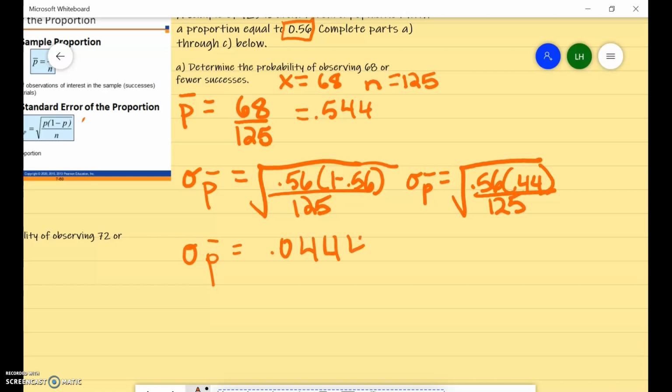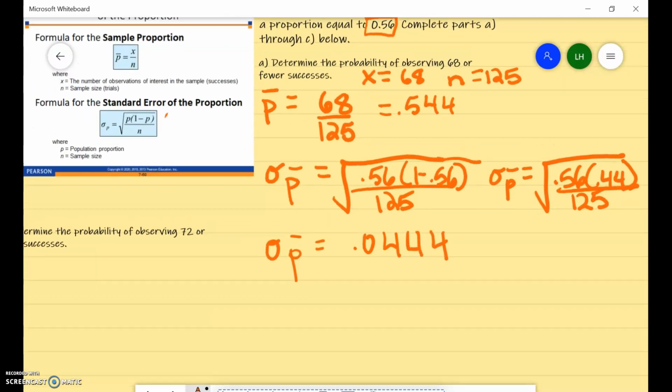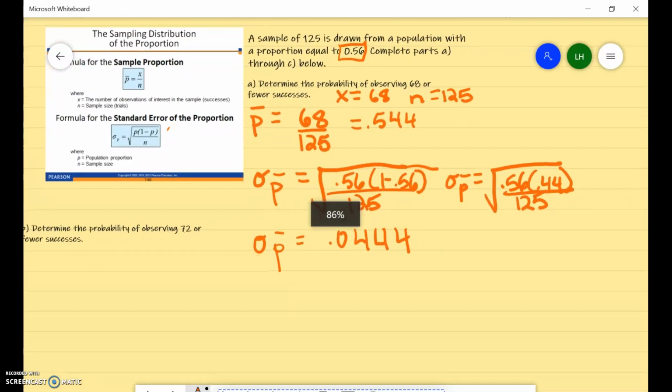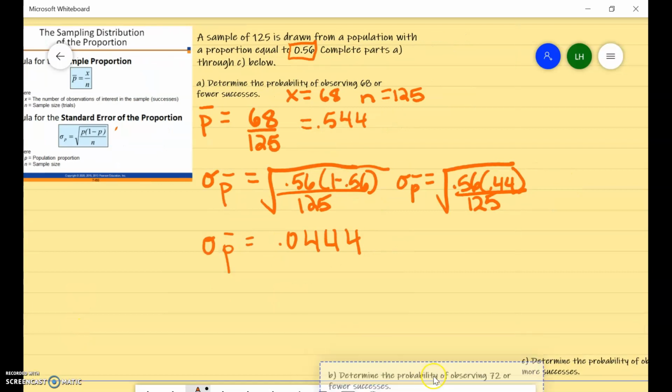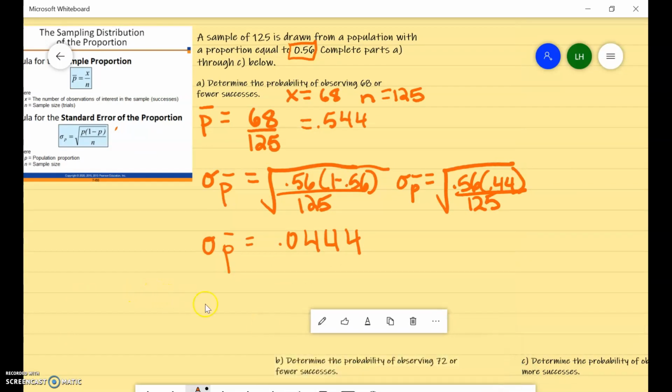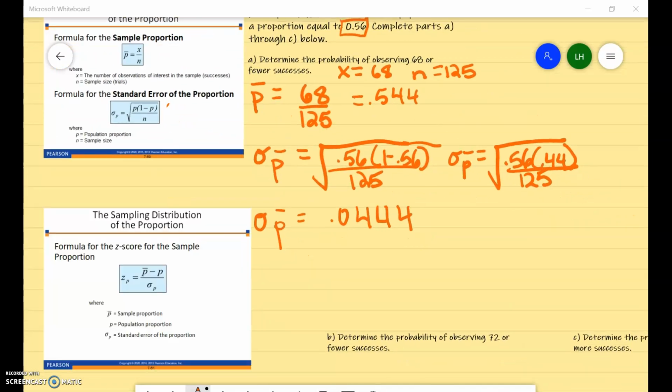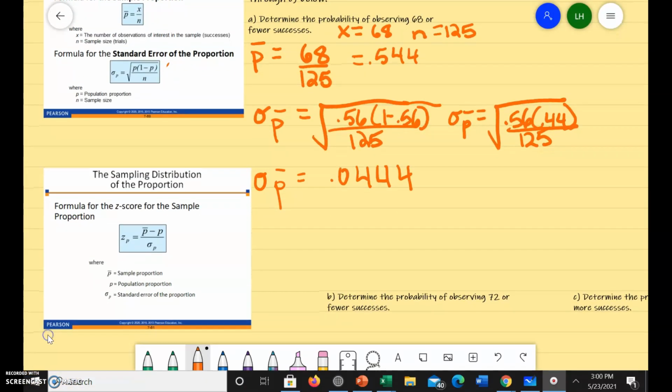Now that we have gotten our standard error of our proportion, we are ready to calculate our z-score. So let me copy that formula over so we can look at it. So step 1 was to calculate the proportion. Step 2 was to calculate the standard error of the proportion. Now we have to do the z-score for the proportion.